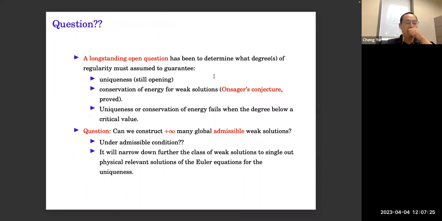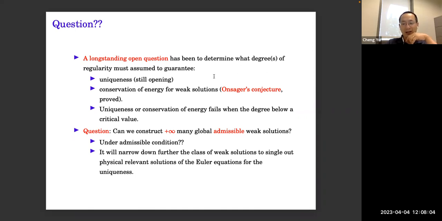Now let's look at several questions in fluid equations. There is a long-standing open question: what degree of regularity guarantees the uniqueness and the conservation of energy of weak solutions? The uniqueness is still a big open problem. The conservation of energy is related to the Onsager conjecture, which was already proved.